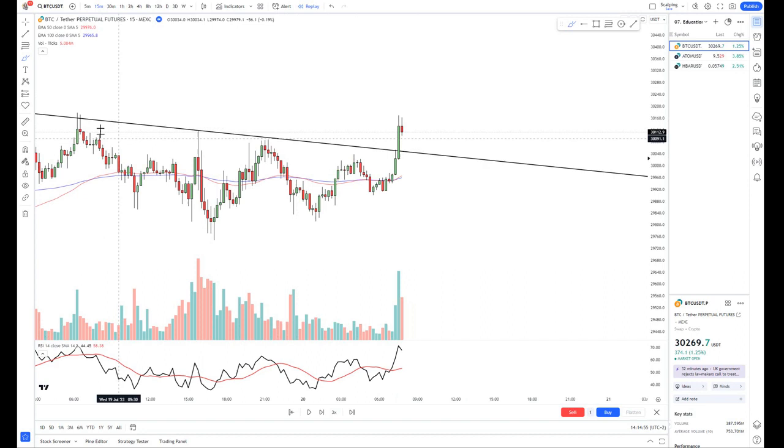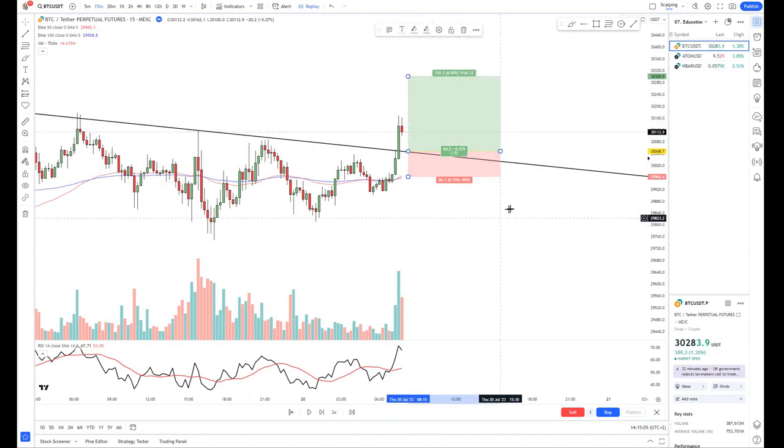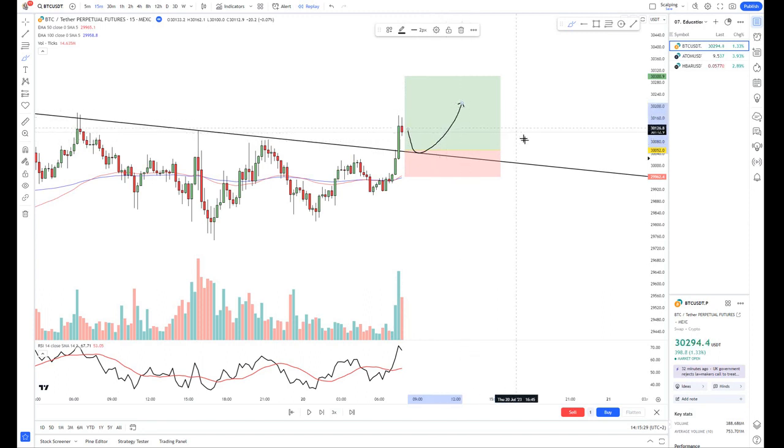So what I then do is I'm going to put on a long position or a pending order, but I'm first going to see, okay, where do I want to enter? So at first you will be looking at the retest of the trend line. That's always my point of entry, because usually after a breakout and a confirmation you would see a retest, in this case a bullish retest, and then continuation.